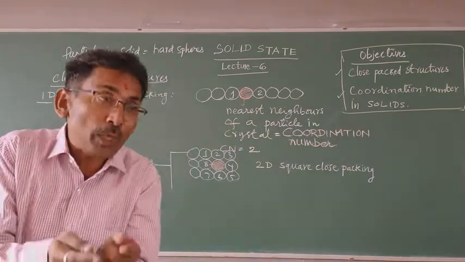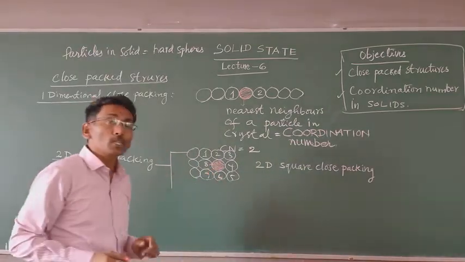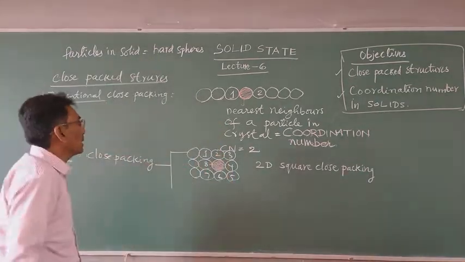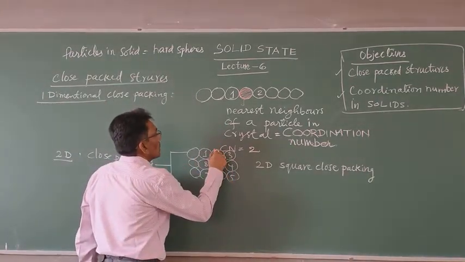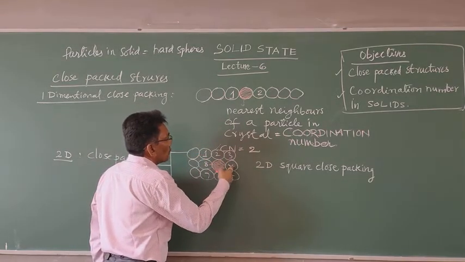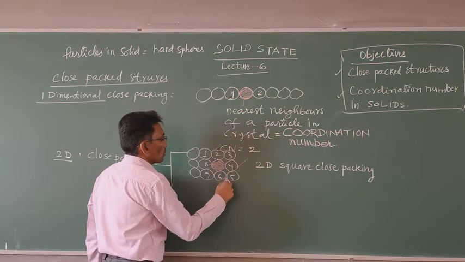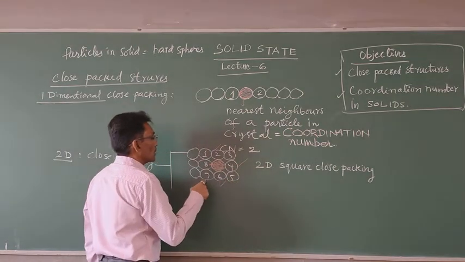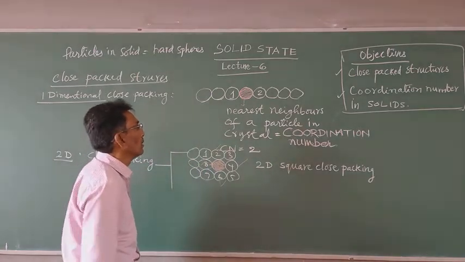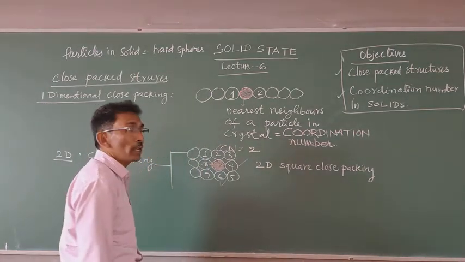Out of 8 spheres around this selected sphere, how many are in direct contact? That is very, very important. Second one is in contact, first one not in contact, third one not in contact, fourth one in contact, sixth one in contact, fifth one not in contact, seventh one not in contact, eighth one in contact. So how many are there? 4.